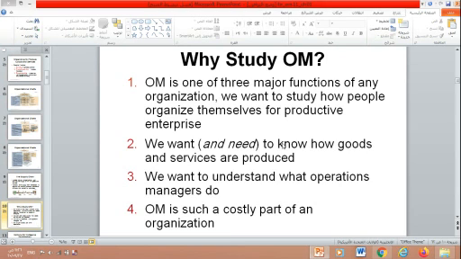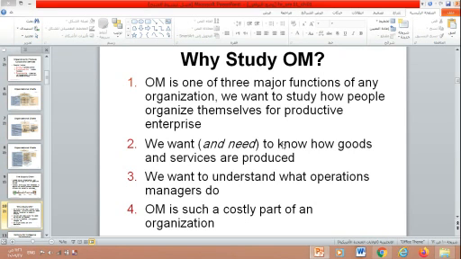Also, our second reason for studying operations management is that we want to know how goods and services are produced. Of course, the production function creates products and services that we actually use, so we prefer to know how the goods and services delivered to us are produced.